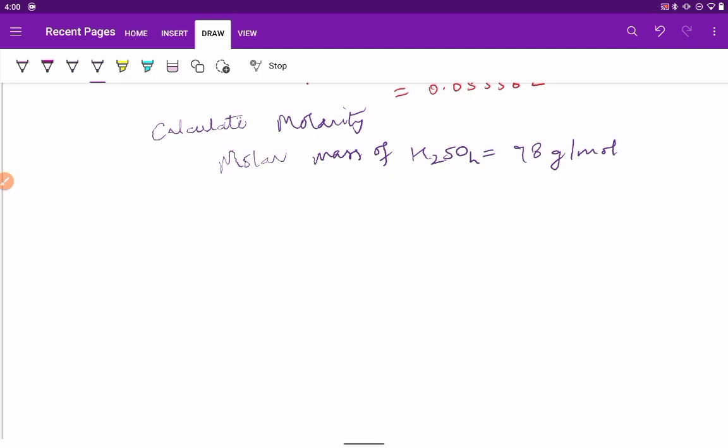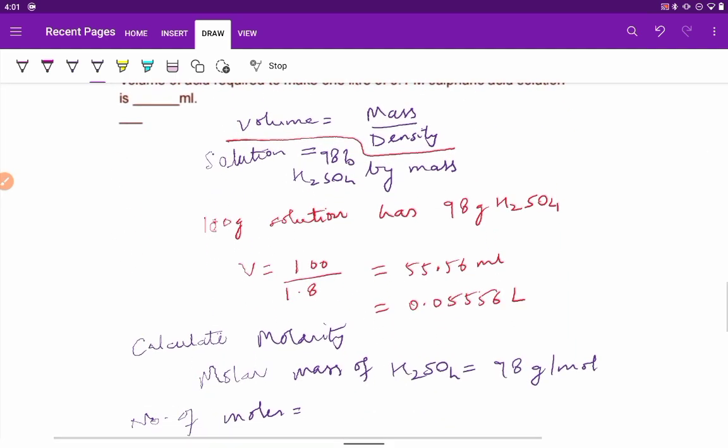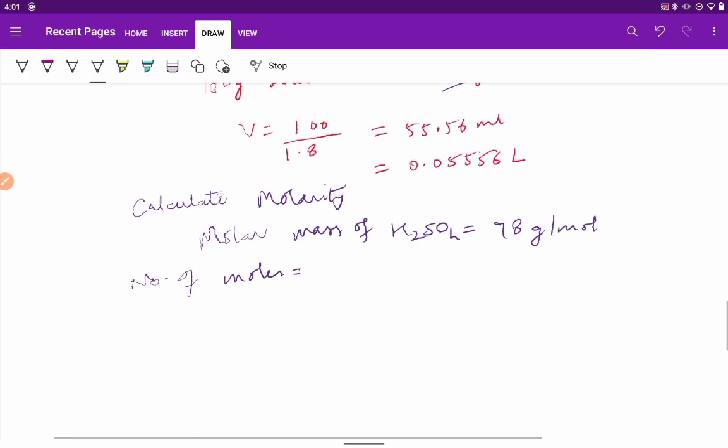So number of moles will be how much? Because 98% we got that it was 98 grams, we have seen here. So that we substitute here.